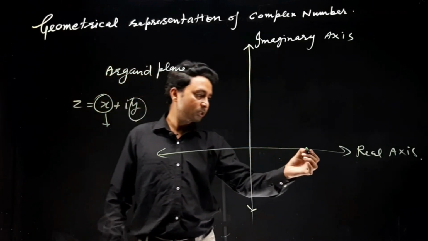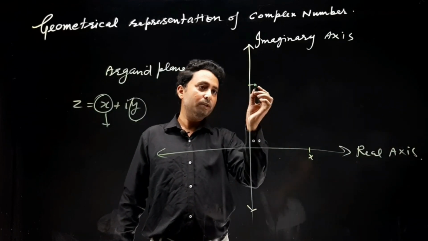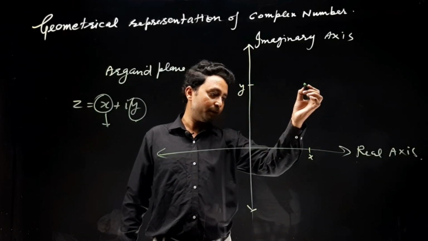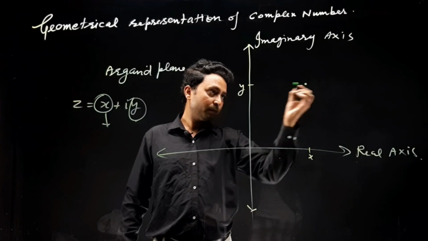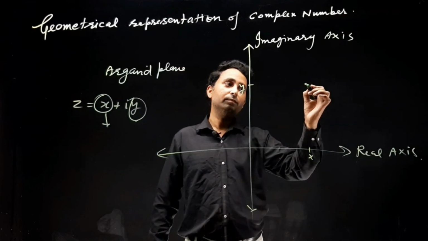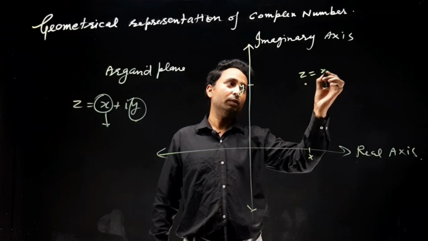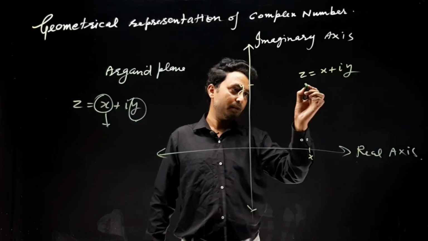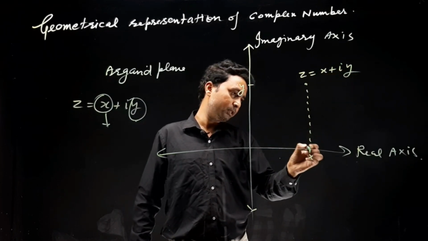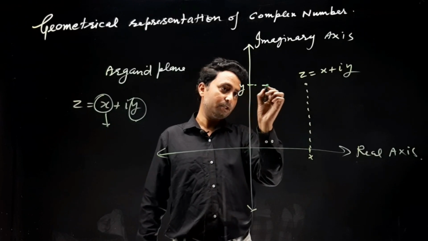Suppose this is x, this is y, the number can be represented at this point, z equals x plus iota y. This is the real axis, this is the imaginary axis.